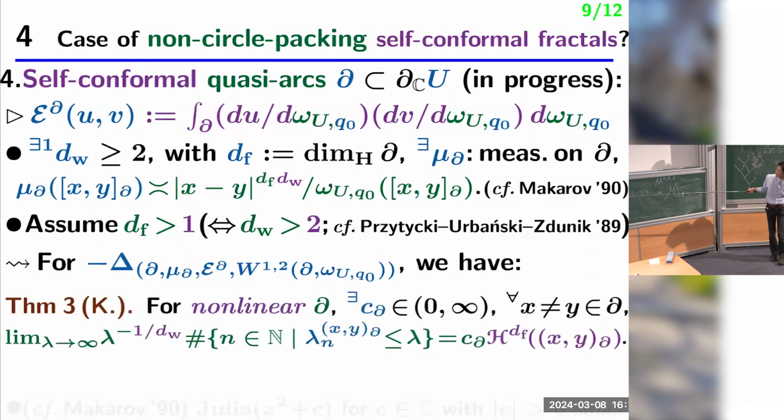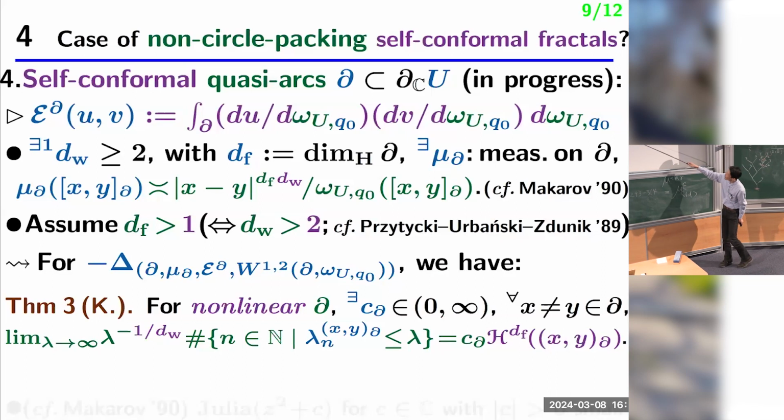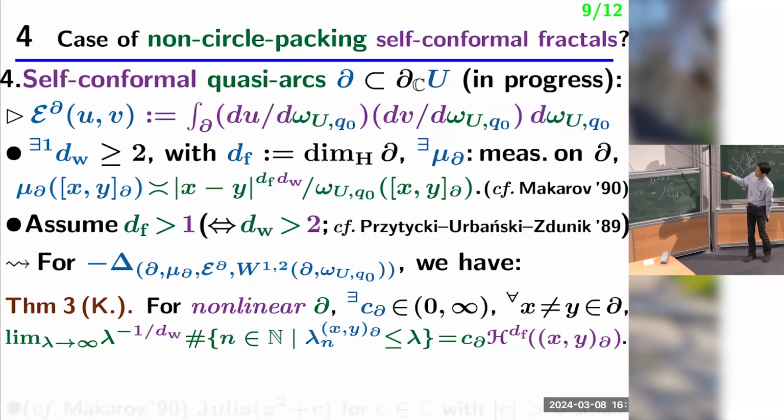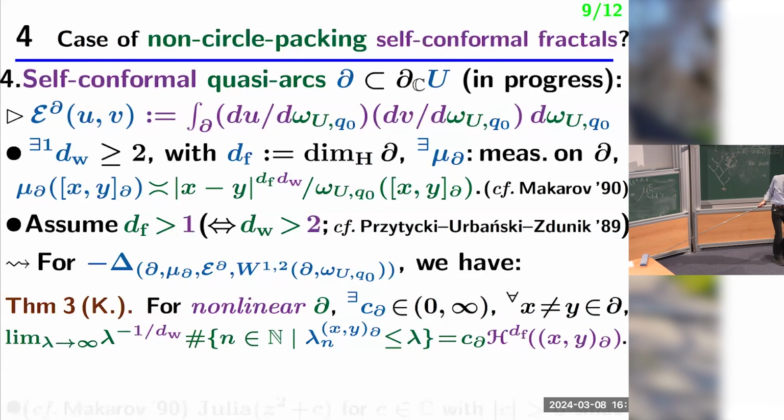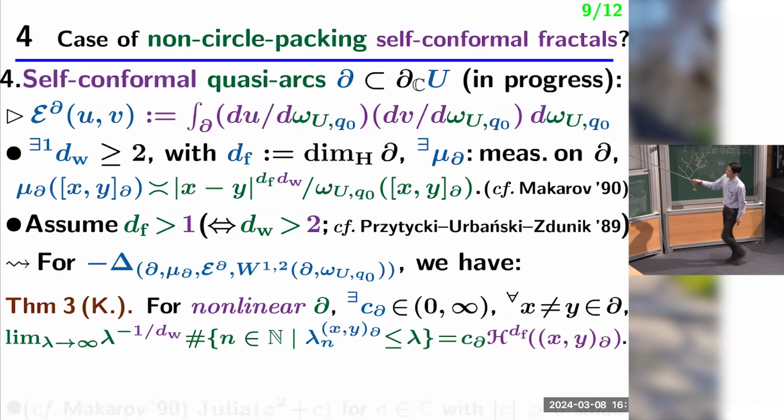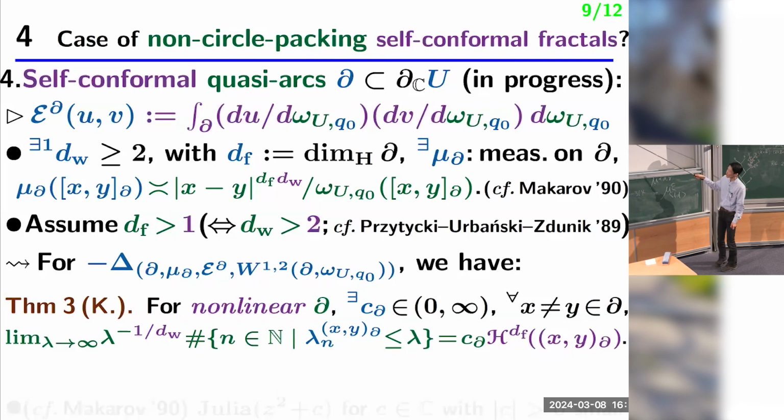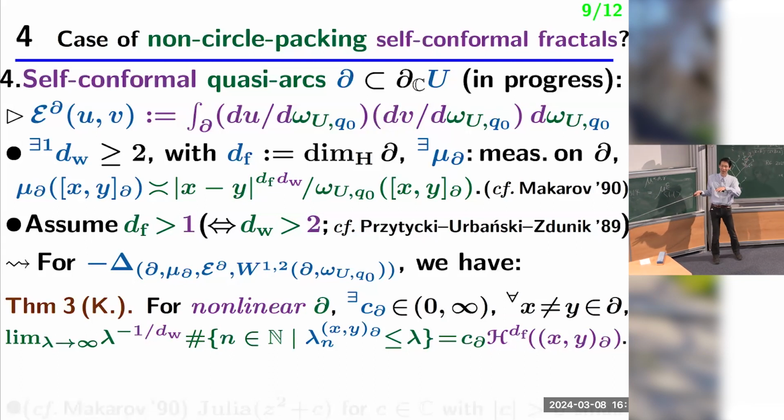The result is that under some nonlinearity condition on your fractal curve, you can still show this kind of asymptotic behavior. Here, the nonlinearity of this curve means that as a self-similar set, the system is not conjugate to the system where each self map is given by conformal linear maps.